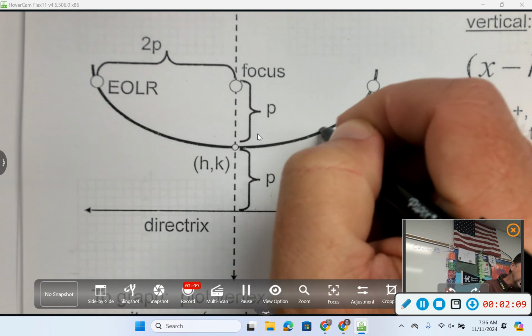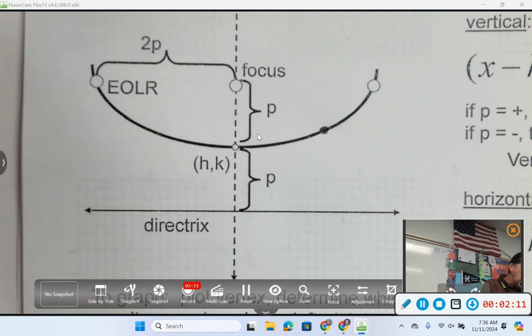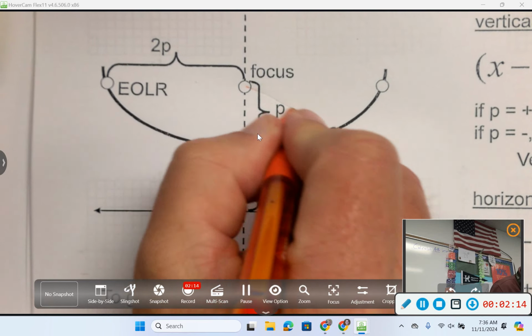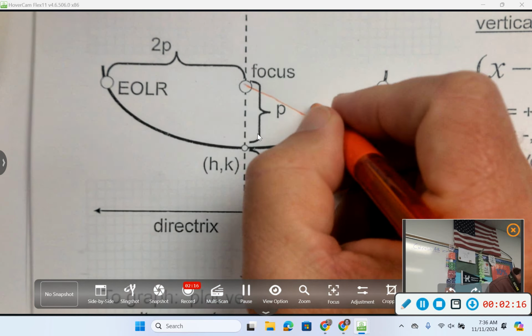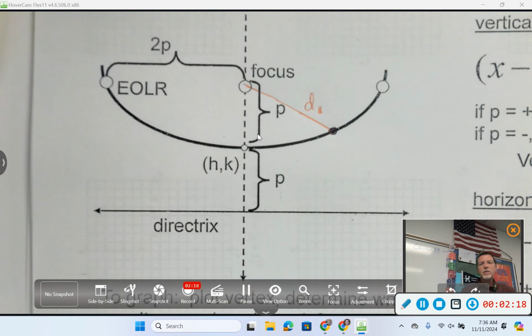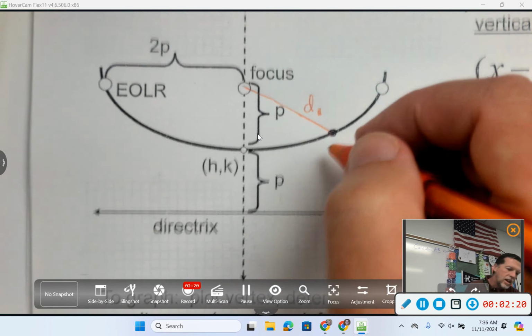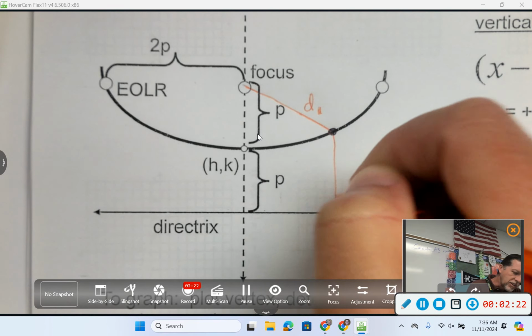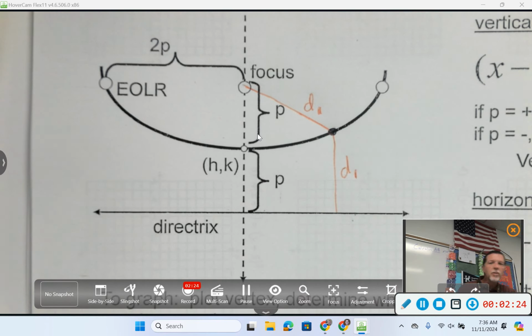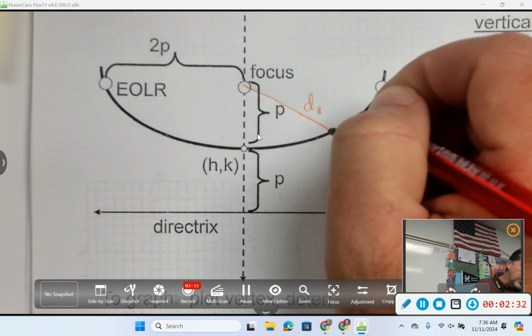So you pick a point over here, and let's just say we'll call that D1, whatever distance that is. And then this distance to the directrix would also be D1. And you can do that with any point you like. Now, other points will have different distances.